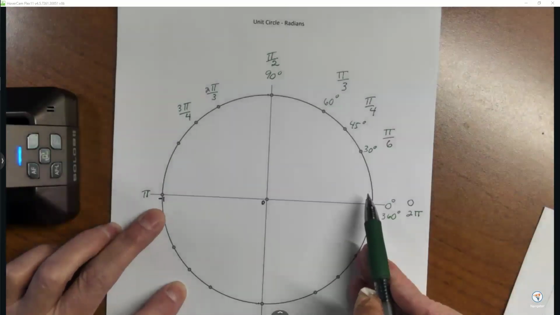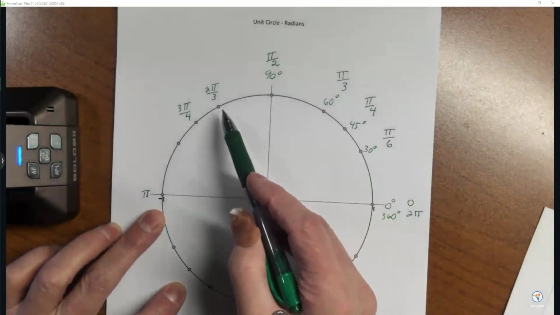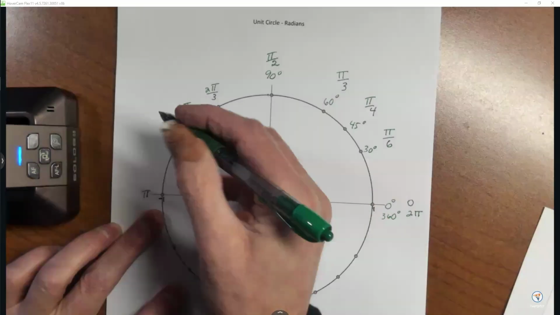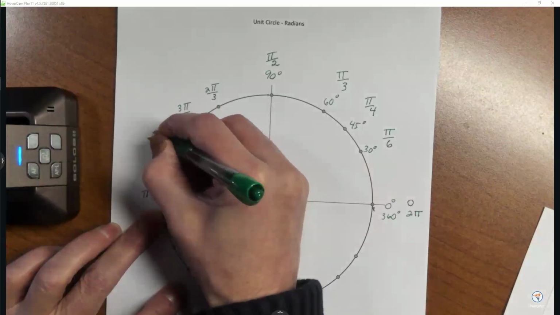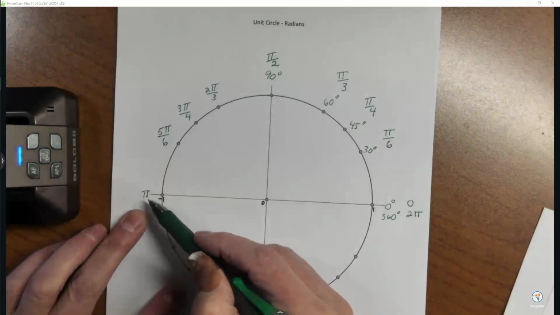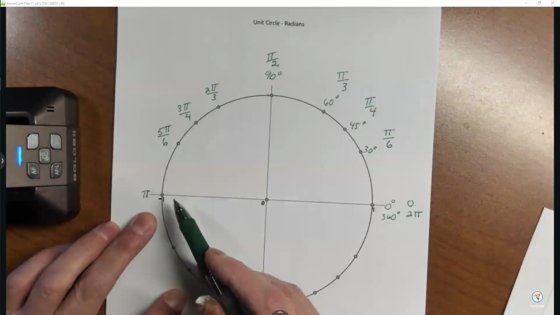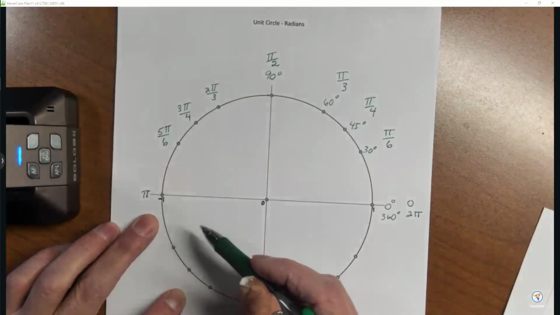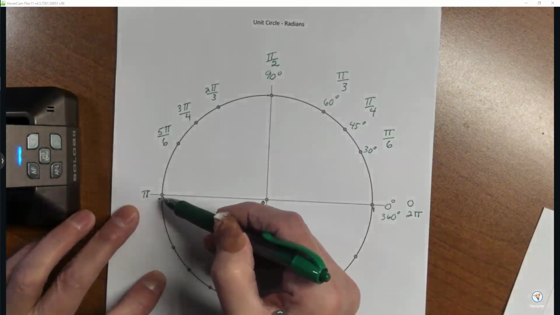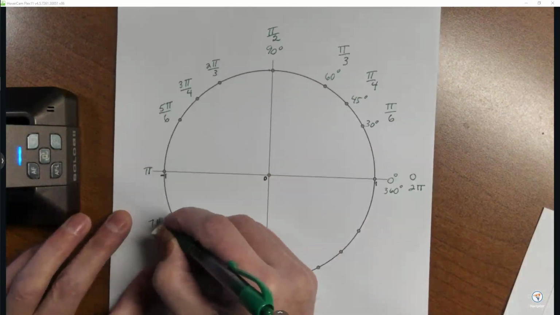And then we've got pi over 6, 2 pi over 6, 3 pi over 6, 4 pi over 6, 5 pi over 6. 6 pi over 6 reduces to pi. Okay, so now I know each of these segments, and I can just increase by that amount. So this is 5 pi over 6, 6 pi over 6, which is the same as pi. This is our 7th pi over 6, so we're going to say 7 pi over 6.